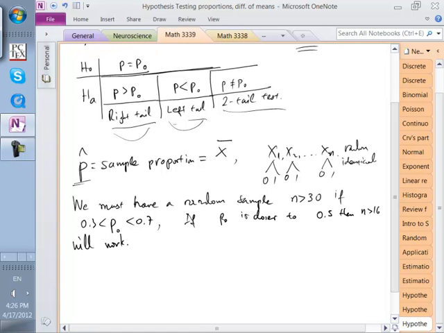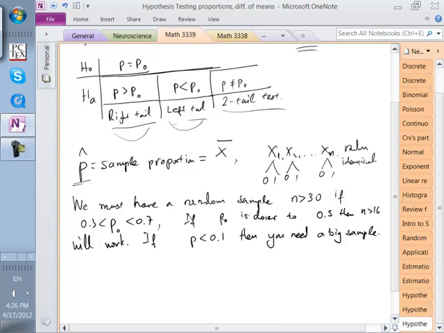What will not work is if p is very small, less than 0.1, then you need a big sample. Or you have to use the Poisson distribution.